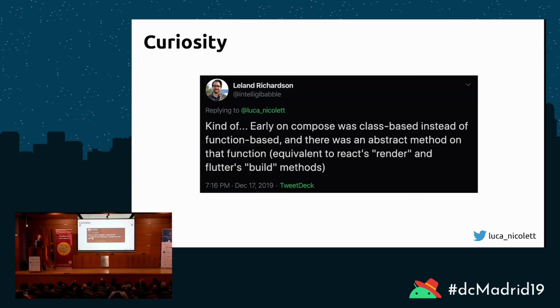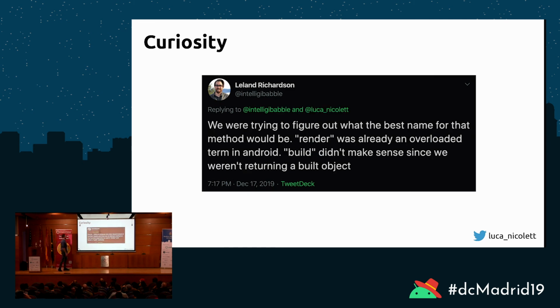Now, if anyone is wondering why it's called Compose, this is the answer. Initially, it was class-based instead of function-based, and there was an abstract method on that class, which is React's render or Flutter's build method. They were trying to find a name, but they didn't want to use build because it wasn't returning a build object.